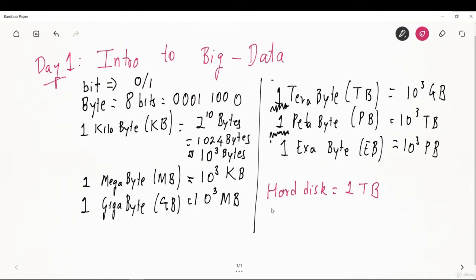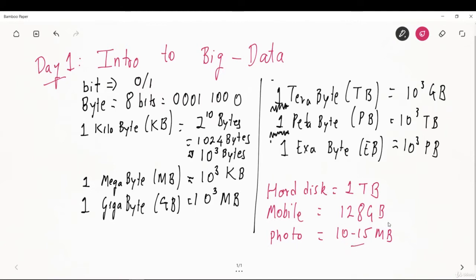If I take my mobile device, the storage is 128 gigabytes. If I take a picture on my mobile, it takes around 10 to 15 MB, being a dual camera, so it takes a bit high amount of data. So a photo will be around 10 to 15 MB.